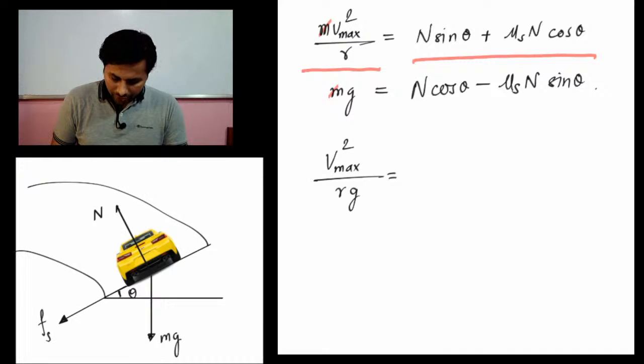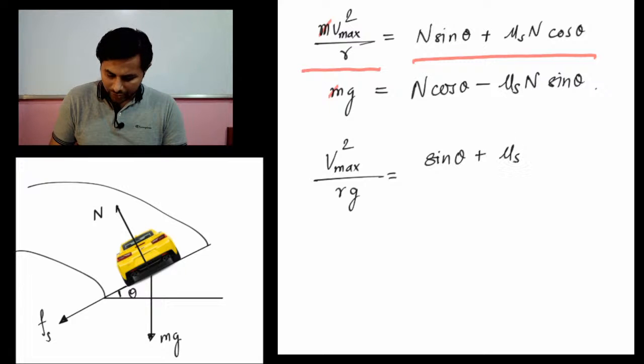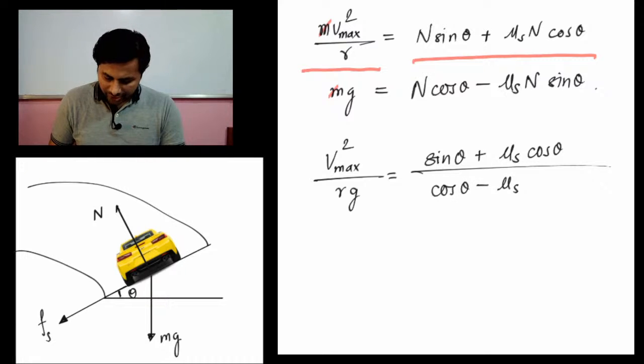So what we are left with is sine theta plus mu s times cos theta divided by cos theta minus mu s times sin theta.